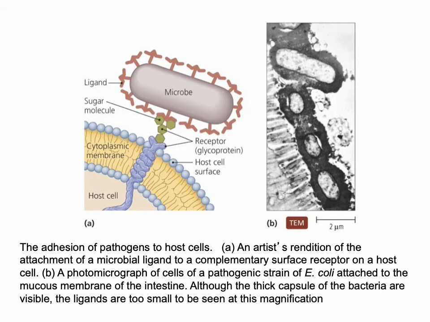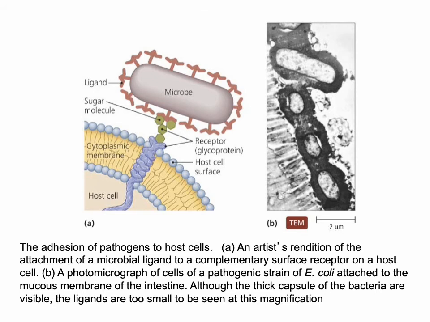So here's a picture to further illustrate. On the A, you have this specific interaction, adhesin receptor. You have the microbe drawn here, and on the surface of the microbe, the ligand, this red drawing. On the bottom you have the host cell surface, with the receptor, a lot of the time a glycoprotein.